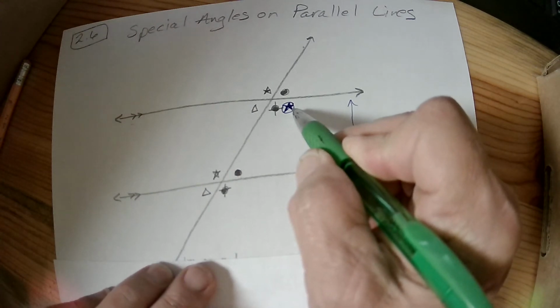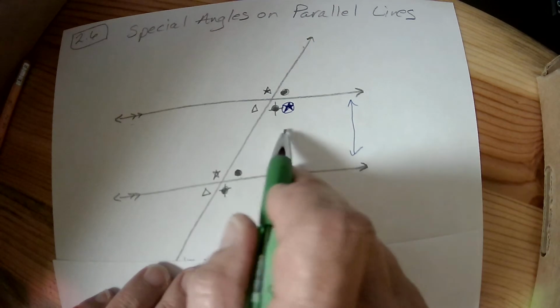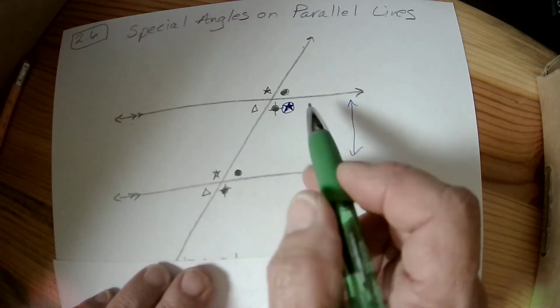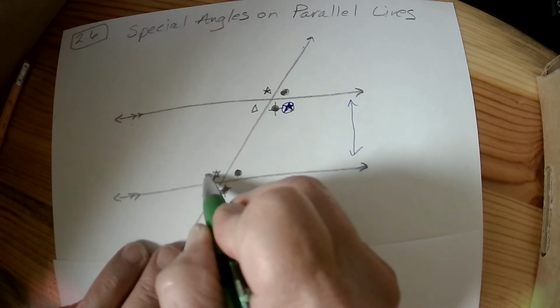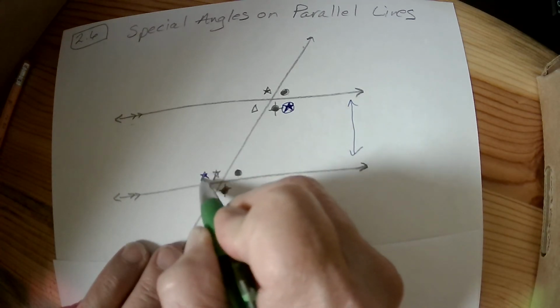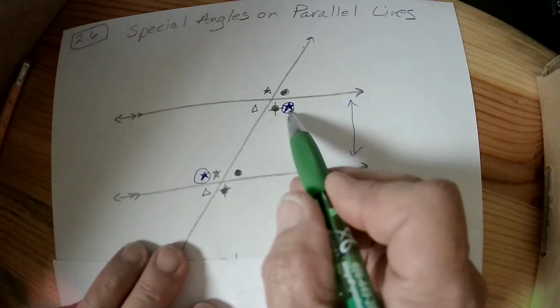If I have an angle right here, alternate means they're on alternating sides of the transversal. So this one would be an alternate interior angle to this one right here. And these are congruent.